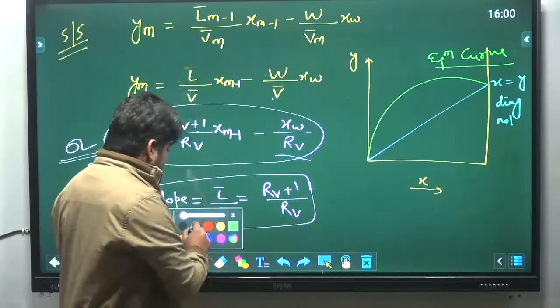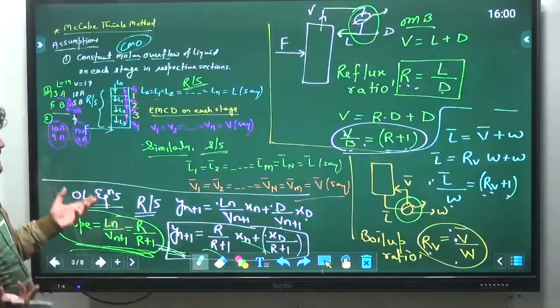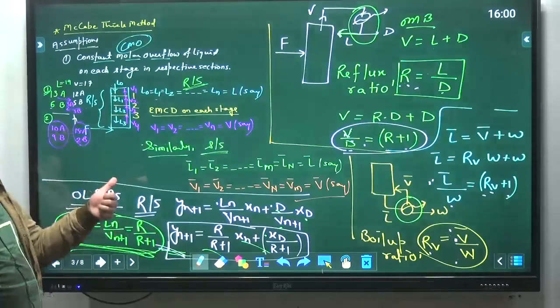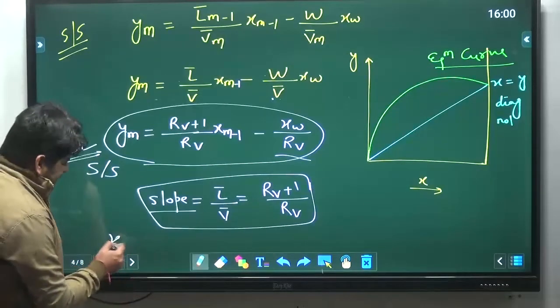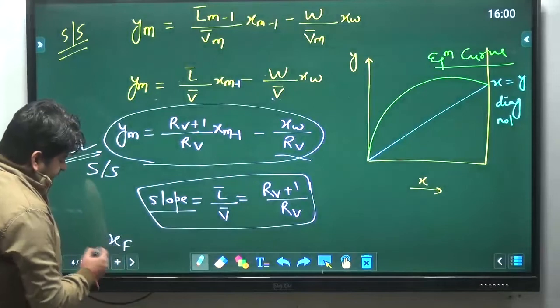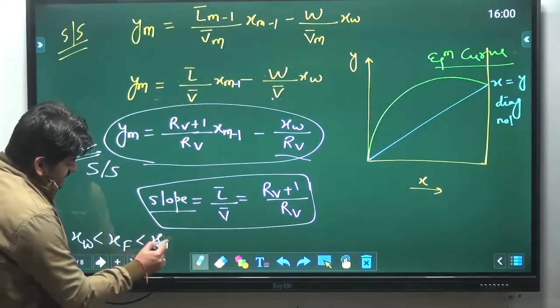Mathematically, if I ask you to write down XF, XD and XW, I hope you can understand that XF will be greater than XW but less than XD.